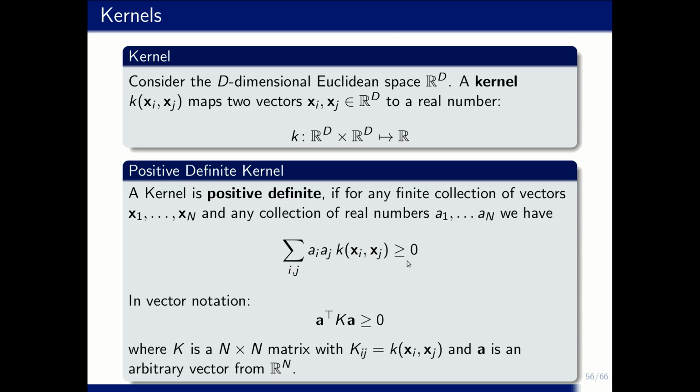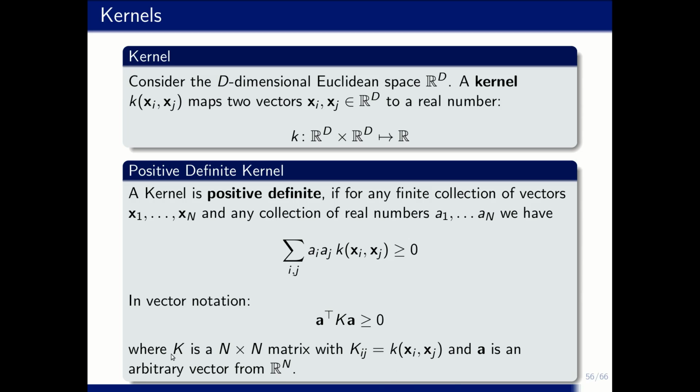We can write this in vector notation by collecting all the kernel evaluations in a matrix K. Row i and column j is just the kernel evaluation for the ith and jth training example. It is no coincidence that we call this K, like the gram matrix, because this essentially will turn out to be the gram matrix in this high dimensional space.